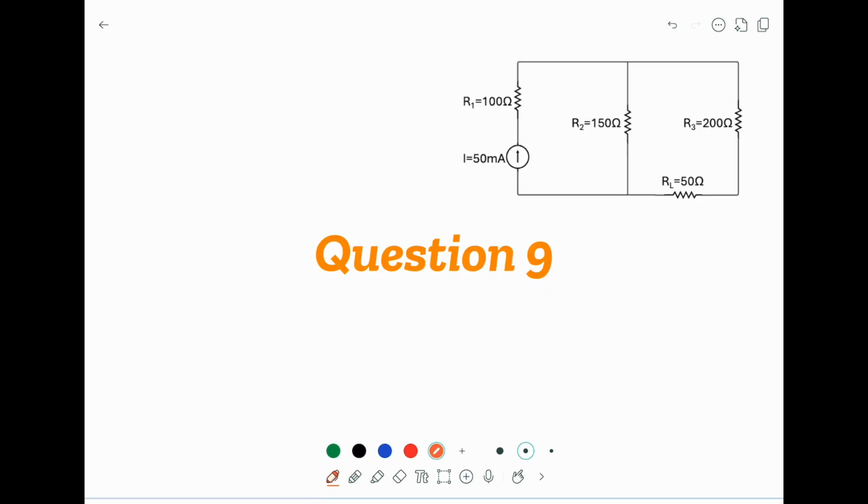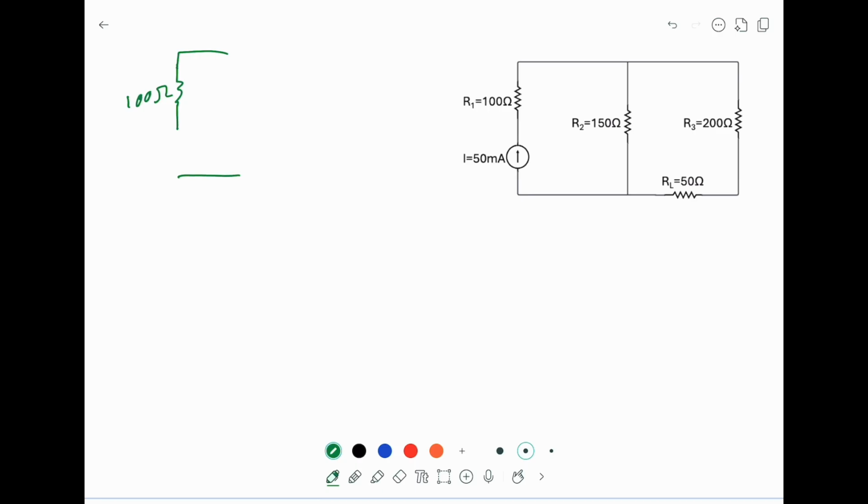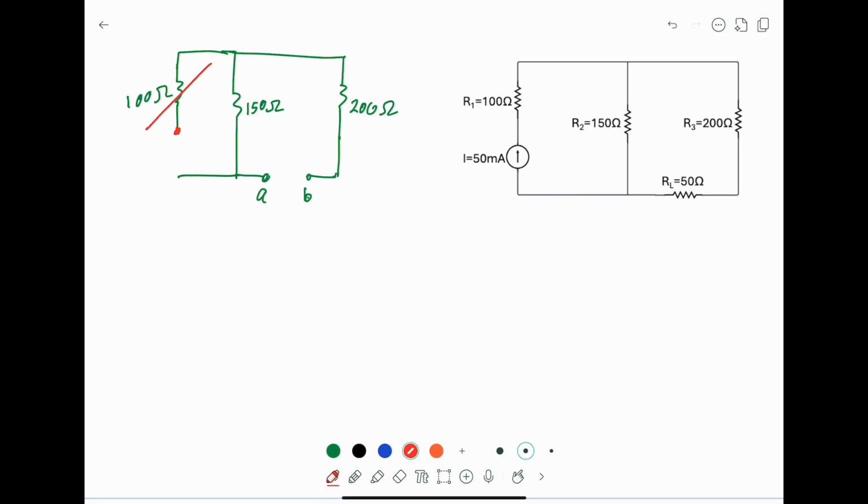To find the Norton equivalent circuit, we first find the Norton equivalent resistance. Let's first remove the load resistance and replace the current source by an open circuit. Again, the 100 ohm resistor is open, so we don't need to worry about this one.